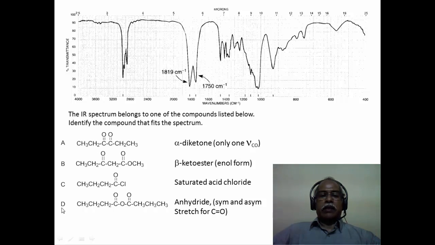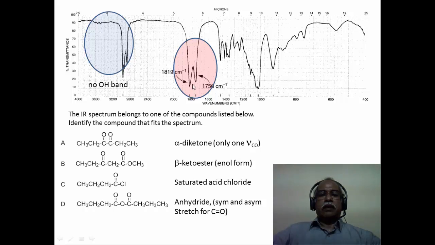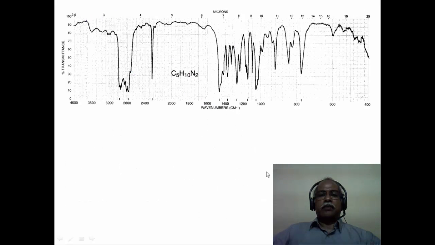The structure D corresponds to the spectrum perfectly in terms of the fitting of the data for the two carbonyl stretching frequencies in the region 1820 and 1750, corresponding to asymmetric and symmetric stretching frequencies of the anhydride system in this case. So, no OH band, so rule out B. Two bands in the infrared carbonyl stretching frequency in the 1800 region definitely correspond to the anhydride system.